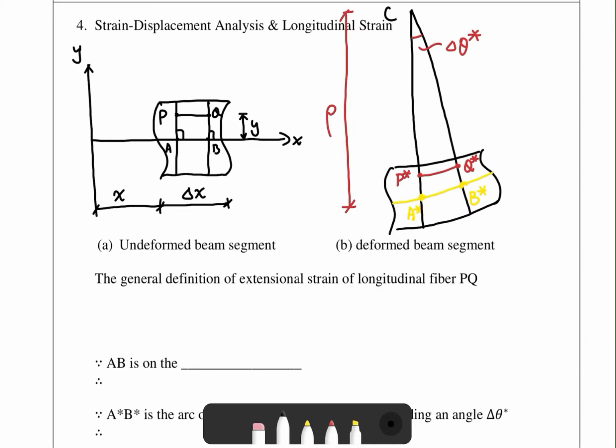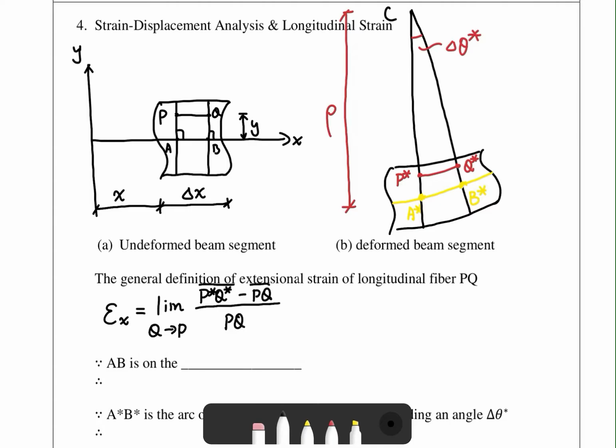So now what we can see is that the length of PQ actually changed. So what we need to do is study the normal strain in PQ. If we approach Q to the P point here, we calculate the normal strain in PQ using the final length minus the original, and then divide by the original.